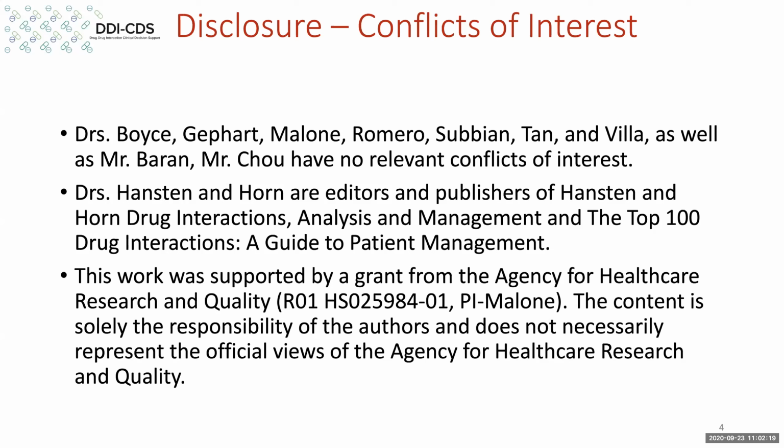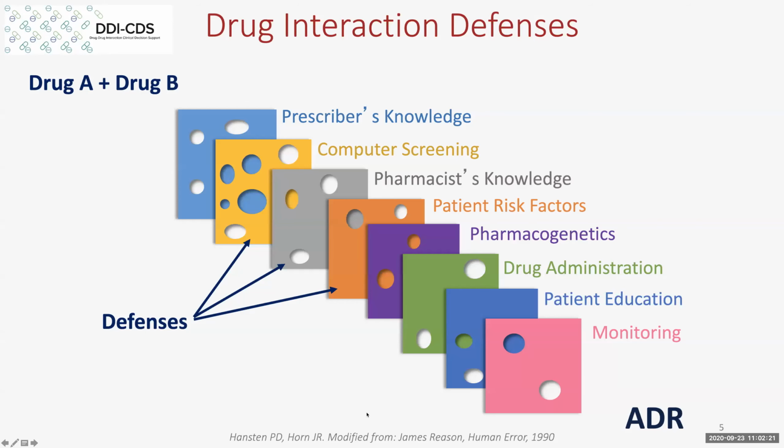So now we have some of the do's and don'ts covered. This is a slide that we use to represent what we're doing. We know that we have many slices of defenses to prevent drug interactions from reaching patients.